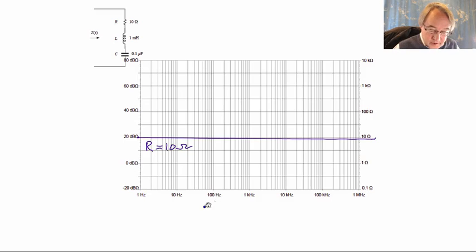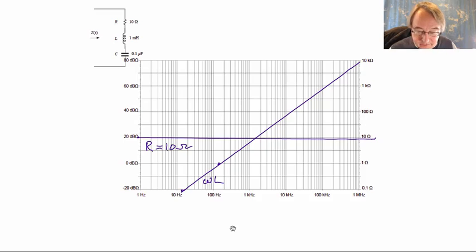It was 1 ohm at 159 hertz. So I'll draw it again in the same place like that. And the capacitor asymptote is also the same, and I'll draw it in the same place as well.